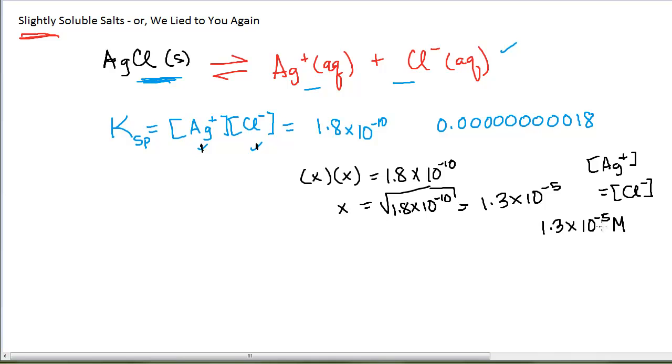A really, really small concentration, which is why before today we have simply said that silver 1 chloride is insoluble rather than slightly soluble. Well, there are instances where this becomes important, where the small amount of silver ion or chloride ion present in the presence of solid silver chloride, there are times when that's important.